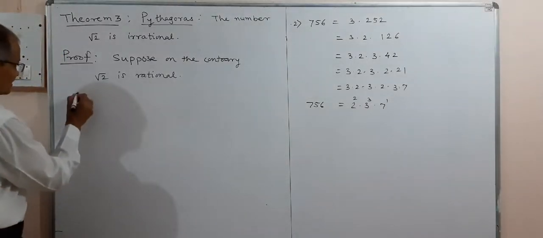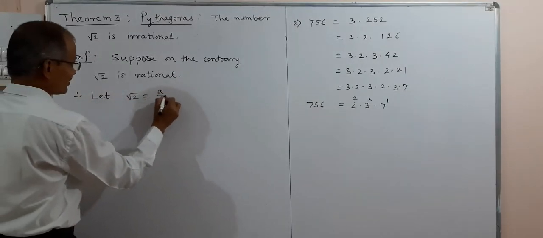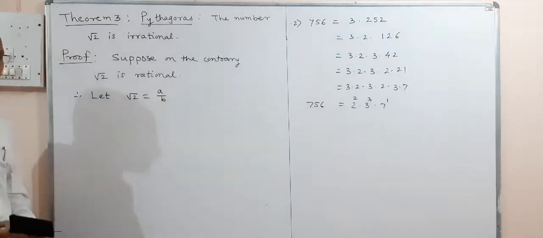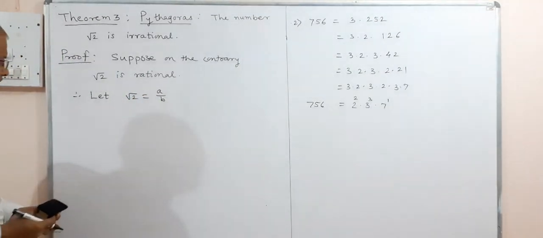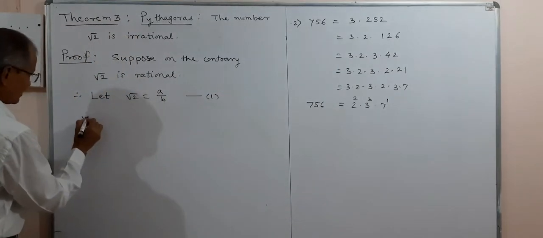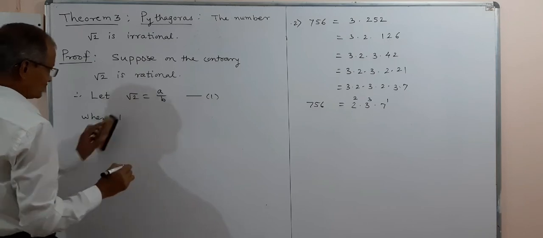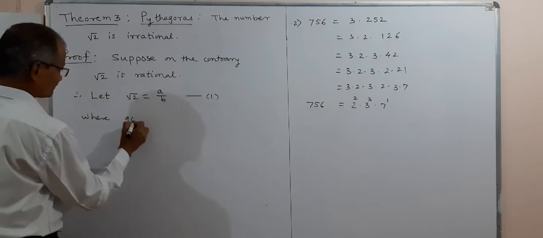And we know by the definition of a rational number, it can be expressed in quotient form A upon B. So therefore let root 2 equal A divided by B, where the GCD of A and B is 1.